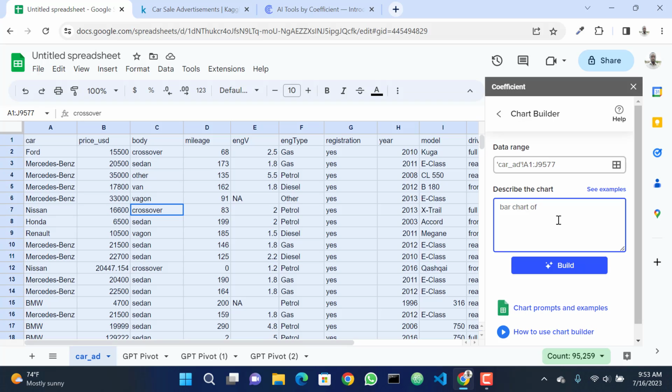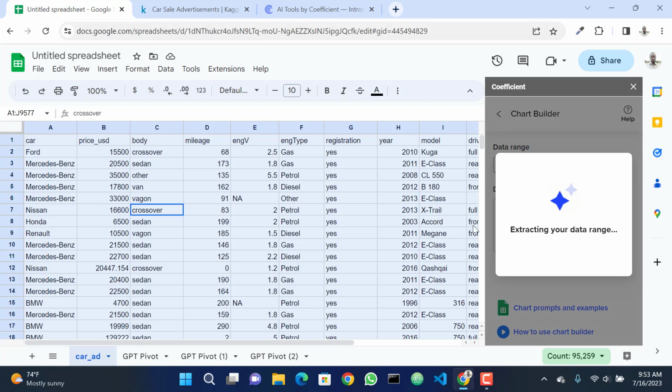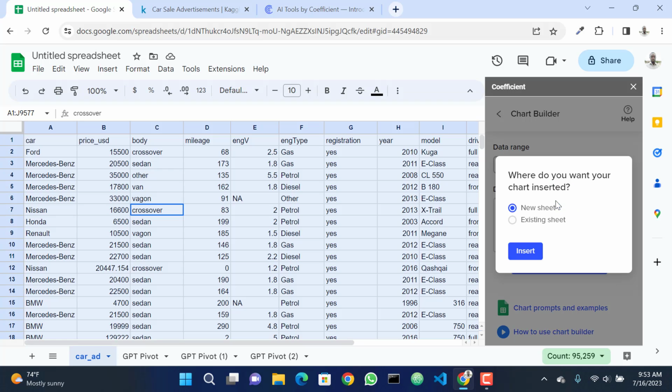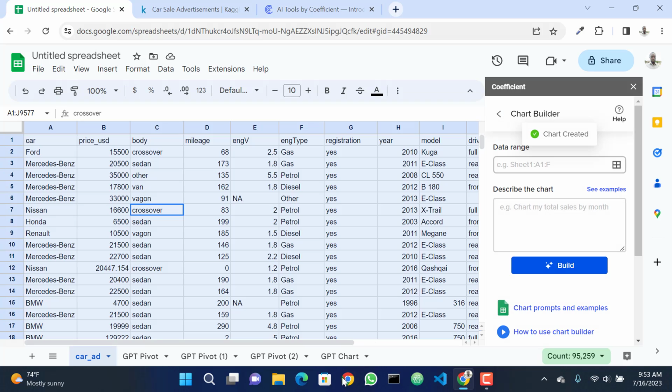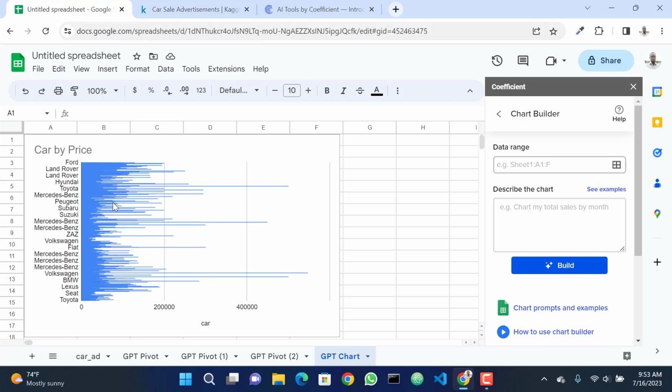Bar chart of car by price. Let's see what it brings, because this question is kind of vague. Okay, this chart builder. Okay, this is it. So this is the chart.